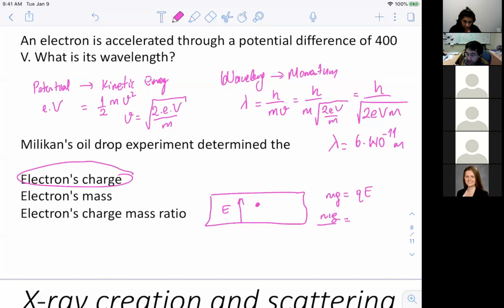He knows the electric field, and he knows the potential given between two plates. And he was always finding integer multiples of the electron charge when you find all the Q's. During the spray, some droplets pick up one or multiple electrons, so he was able to find the electron charge.